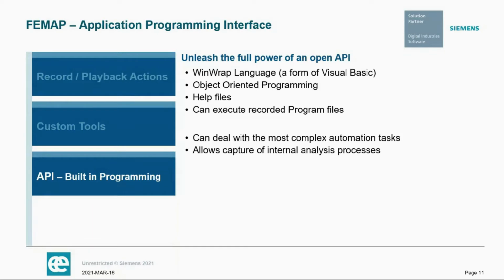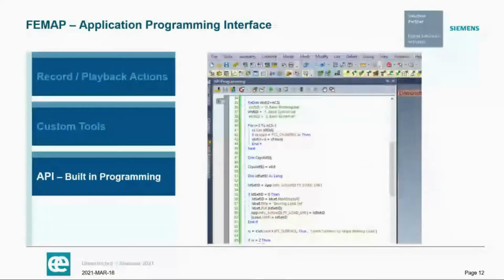So it's set up to give you back some of the time that's otherwise taken up in repetitive, boring tasks. And with the API, it really is a completely customizable automation tool.